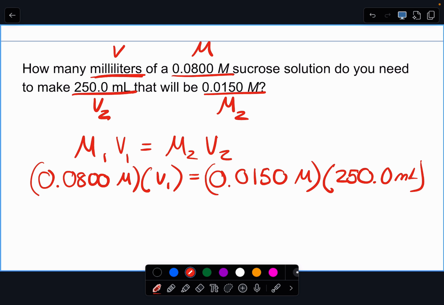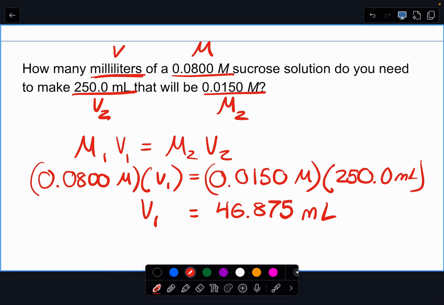Now, if your algebra is poor, realize you're going to have to divide both sides by 0.08. Okay, that's how you do that. If you don't know how to do that, you need to go to a math tutor because that is not something that I'm going to teach you. I expect you know that. So this is, watch me do the math wrong and then I'll be so embarrassed. 46.875 milliliters is V1.